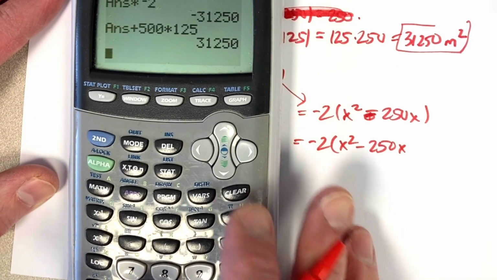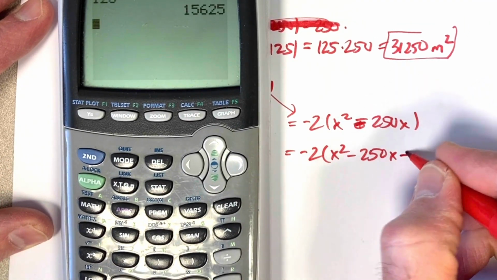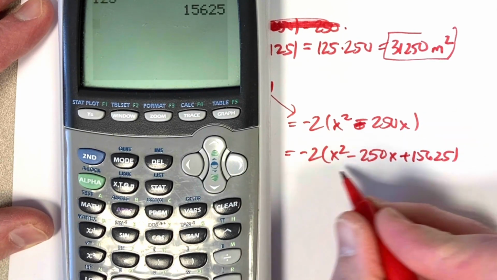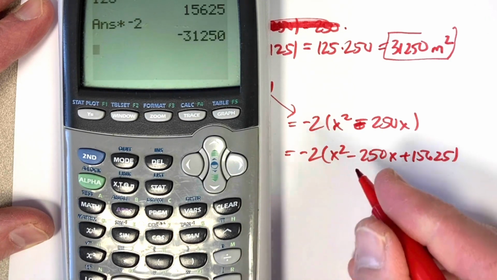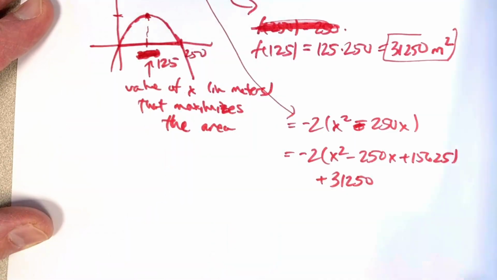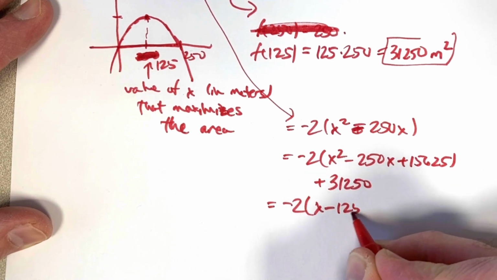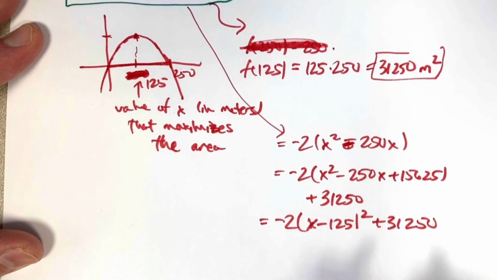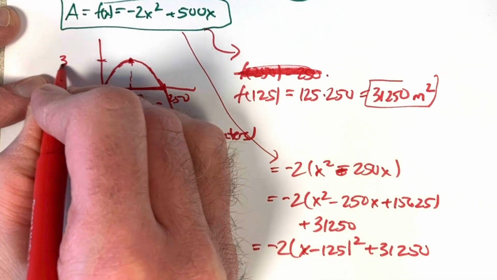Minus 125 squared is the same as positive 125 squared, 15,625. But then you need to compensate by the fact that we really added -2 times that. So compensate by adding positive 31,250. And this is a perfect square. You could write this as -2 times x minus 125 quantity squared plus 31,250. That would confirm that the vertex occurs at x equals 125 and y equals 31,250. That is the y coordinate here.